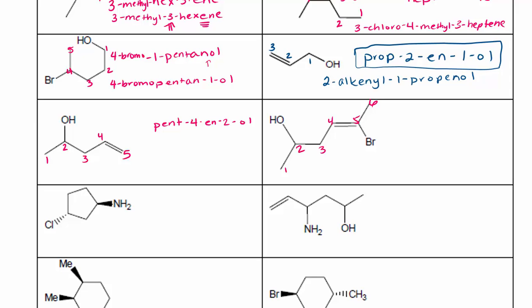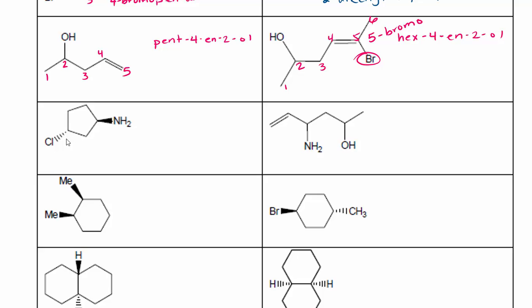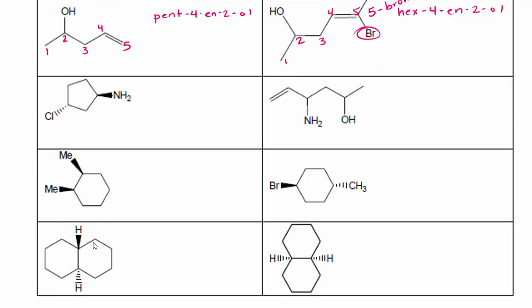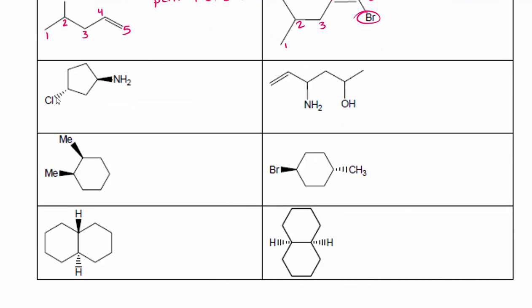So we would have a hex-4-ene-2-ol, but what about that bromine? Well, that bromine is at carbon 5 now. So that's 5-bromo hex-4-ene-2-ol. This wedge and dash identifiers here, we're going to keep those for stereochemistry. That's the next module in Organic 1.